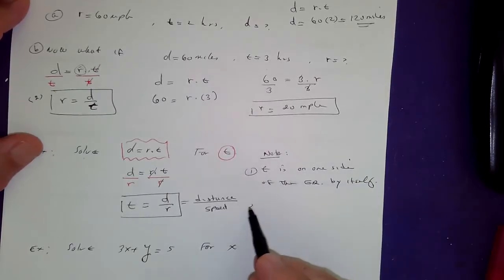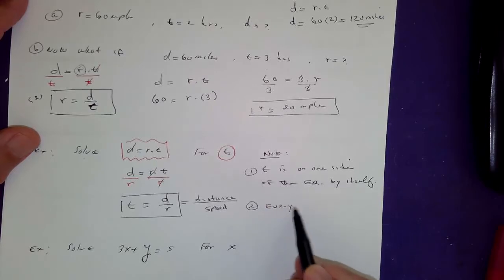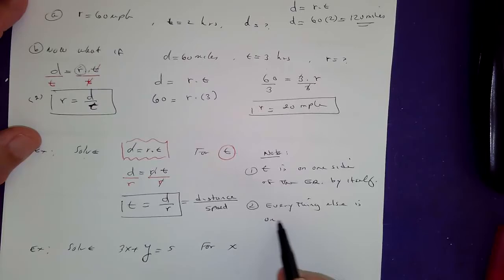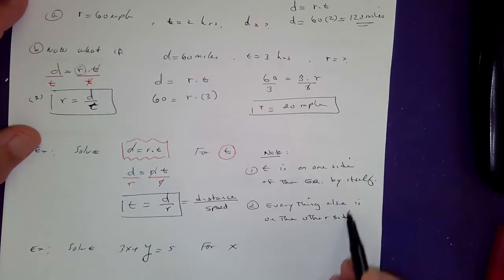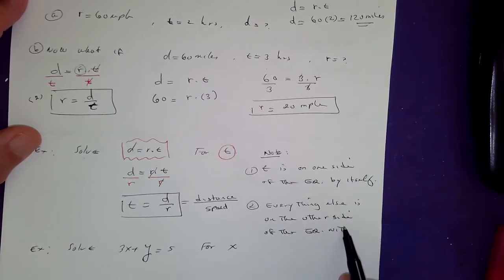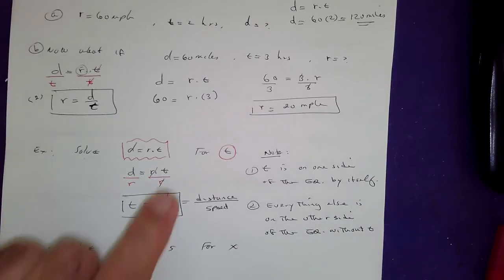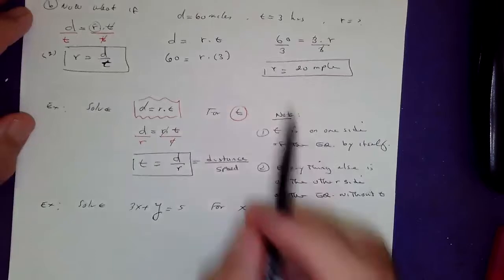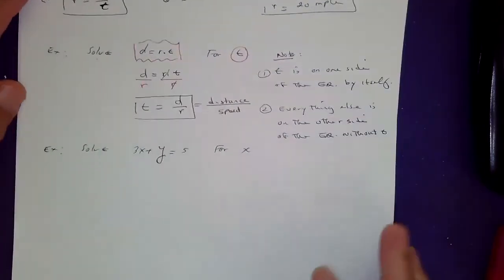And the next thing to note is everything else is on the other side of the equation without t. So there should be no t on the right side. That's what we mean by solving an equation for a specific letter. Okay, let's take a look at this equation.